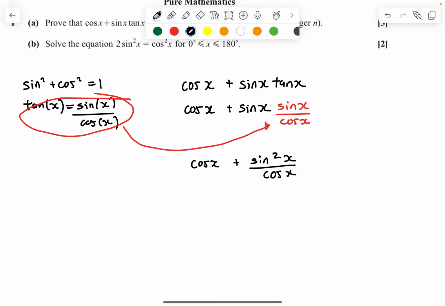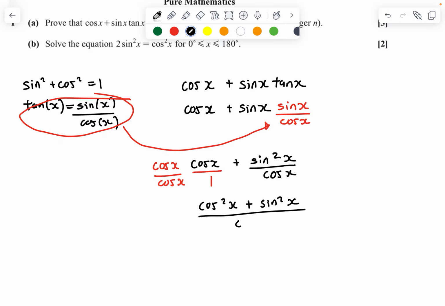To make this an equivalent fraction, I'm going to multiply the numerator and the denominator by cosine of x. So now I've got cosine squared of x plus sine squared of x, all divided by cosine of x.